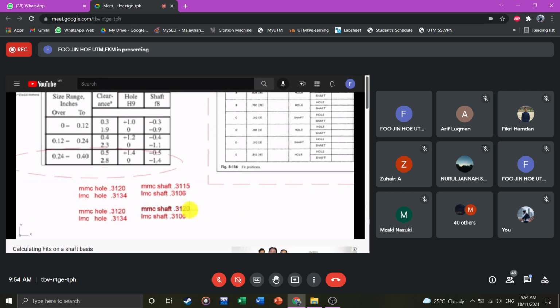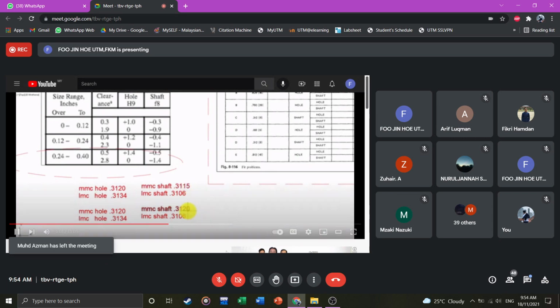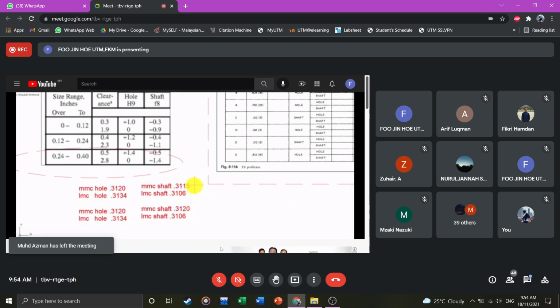Now, what did I have to do to change that number into that number? I had to add 0.5 of a thou. Well, again, it's like an equation. If I add 0.5 of a thou to this number to get this one, I have to do exactly the same to the other three numbers. So now, what's 0.5 added to 0.3106? That's going to be 0.3111.